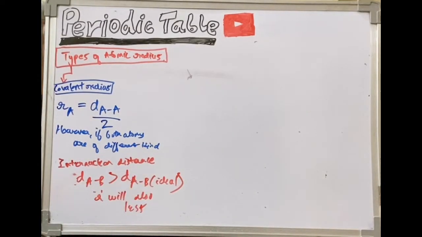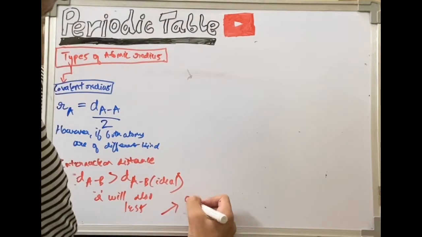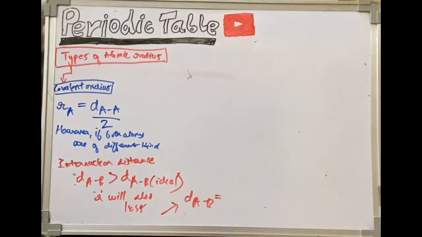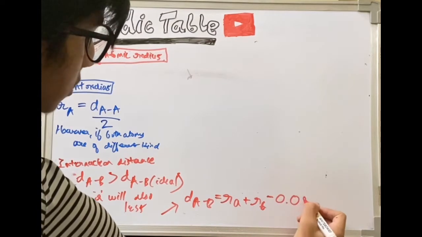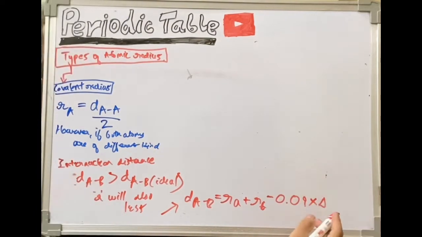So here we are done with the covalent radius part, and there is another formula that may not be that important, but it's better to study that as well. So according to the scientists, you can calculate this D A minus B by the formula RA plus RB, that is the radius of atom of element A and RB is the radius of atom of element B, minus 0.09 into the difference in electronegativities.